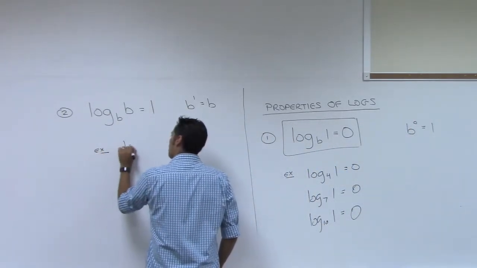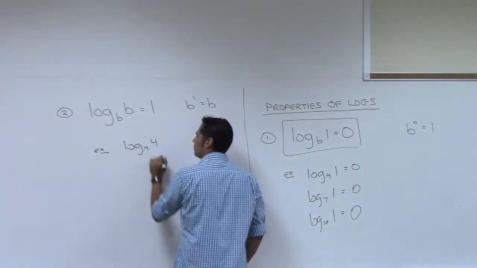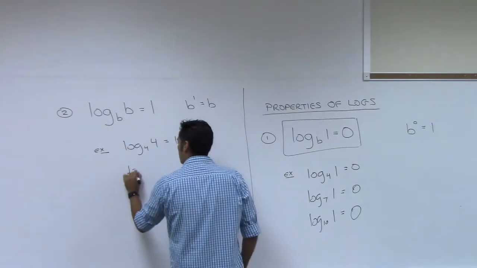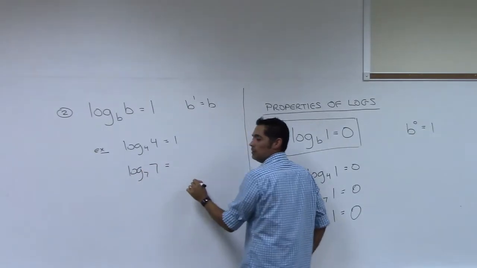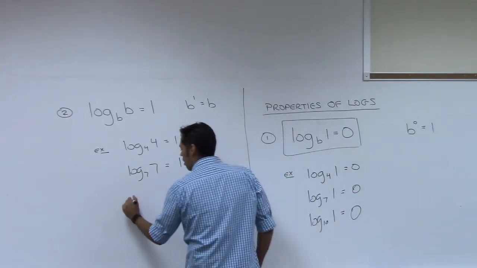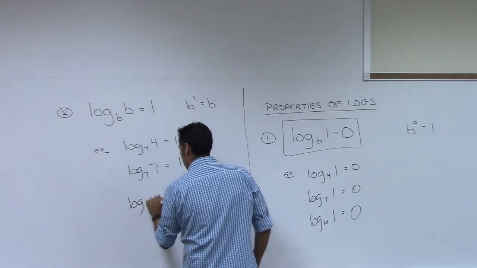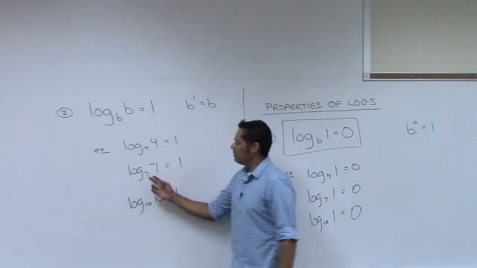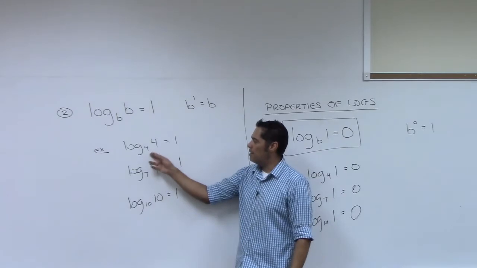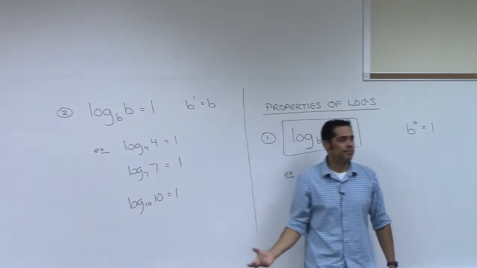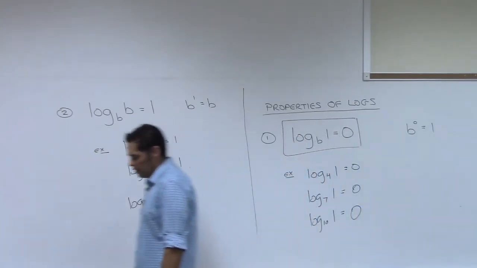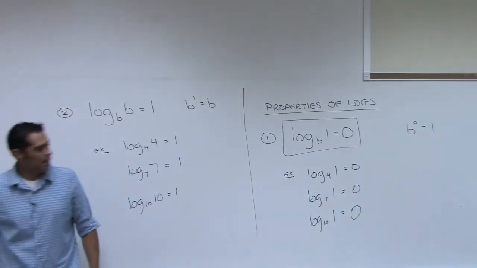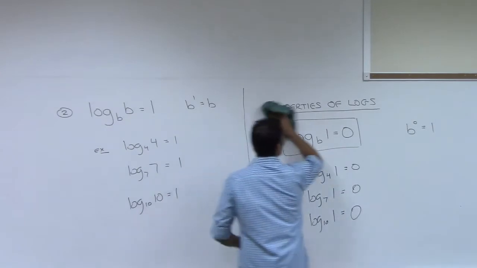So some examples of this. What is log base 4 of 4? 1. What is log base 7 of 7? 1. Okay, what is log base 10 of 10? 1. So if the base is equivalent to the number inside, then your answer is always 1. That's our second property. Third property. And I think you can predict this one also.